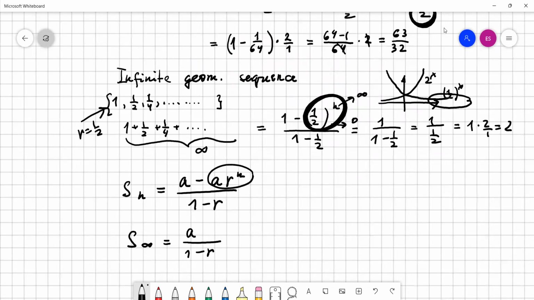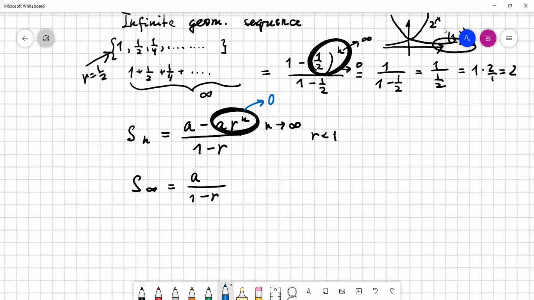This term, when n goes to infinity and r less than 1, will go to 0. So that's going to be a new formula. The new formula is even better than the old one, right? It just has less numbers and less calculations. Well, I think we can calculate something, one more example of calculations for use of this formula.